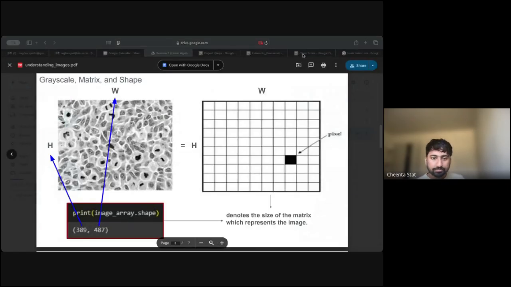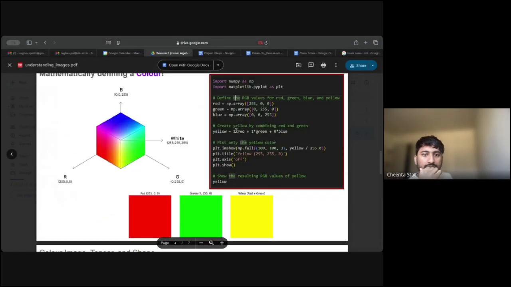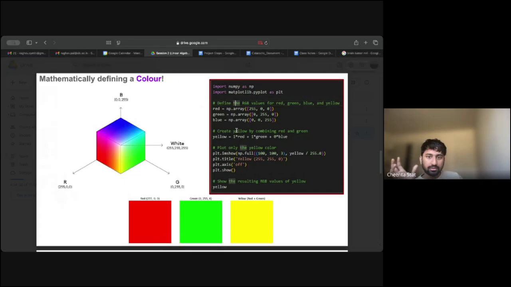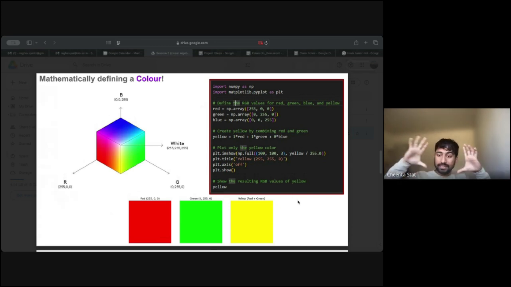Okay, go to the next slide. Great. Now there is this colored thing. This is very important for you to understand: when you see a color image, like let's say you take a snapshot of me or yours, it has three channels: red, green, and blue, RGB.